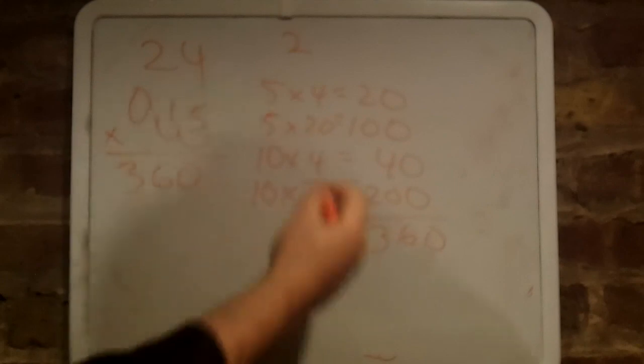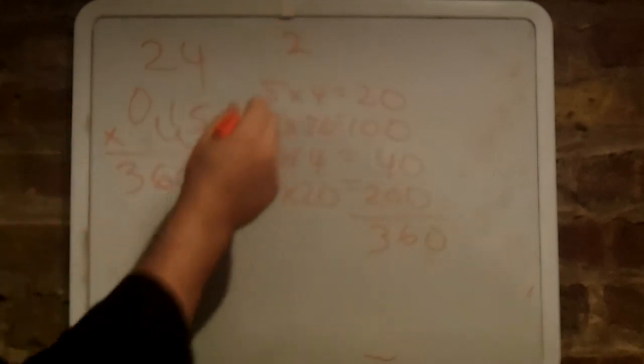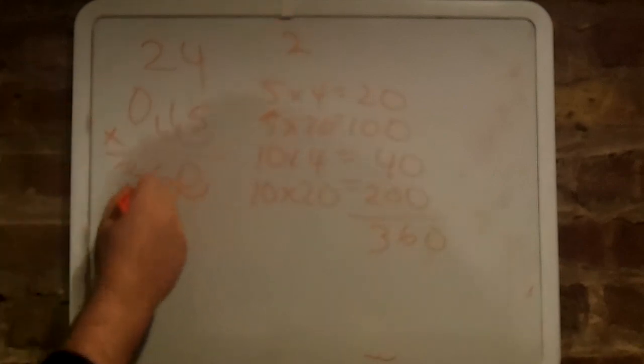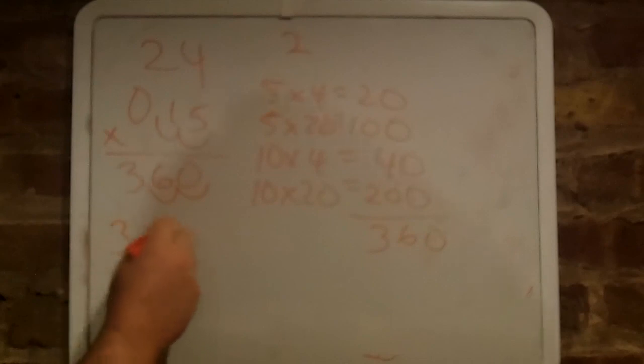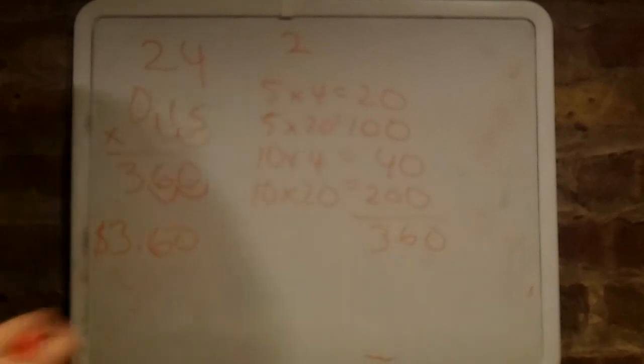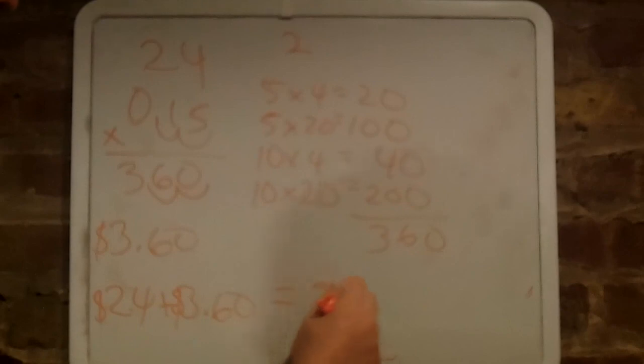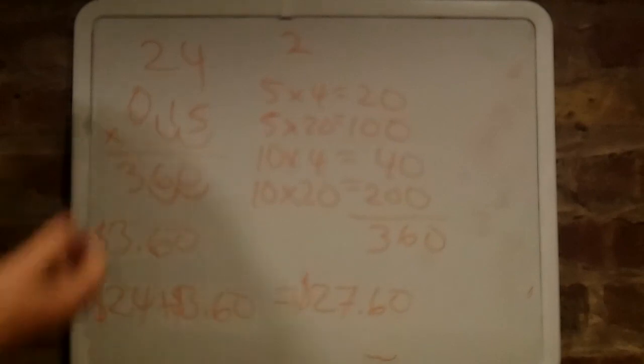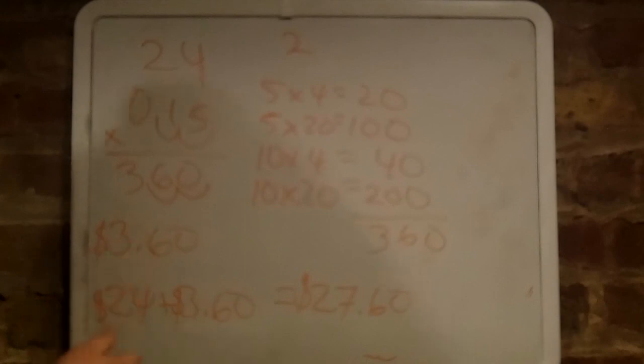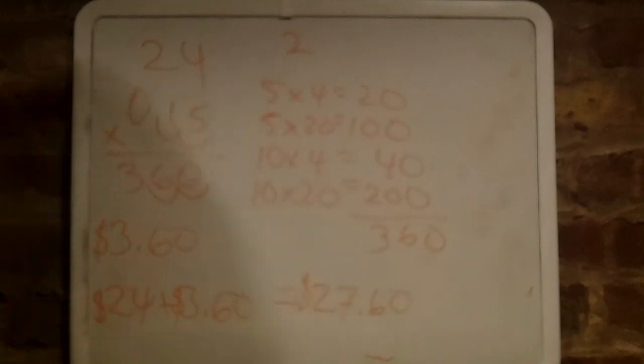But of course we have to remember to move our decimal point back the other way. So we move it back 2 spaces. So our answer is $3.60 is the amount of the tip. And so the total amount will be $24 plus $3.60, which would be $27.60. See, not too bad. So this is an example of a percent increase. It's 15% more than this 24 number.